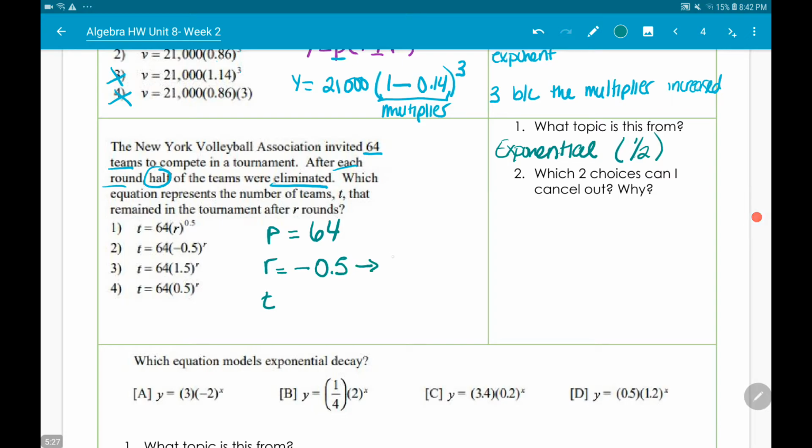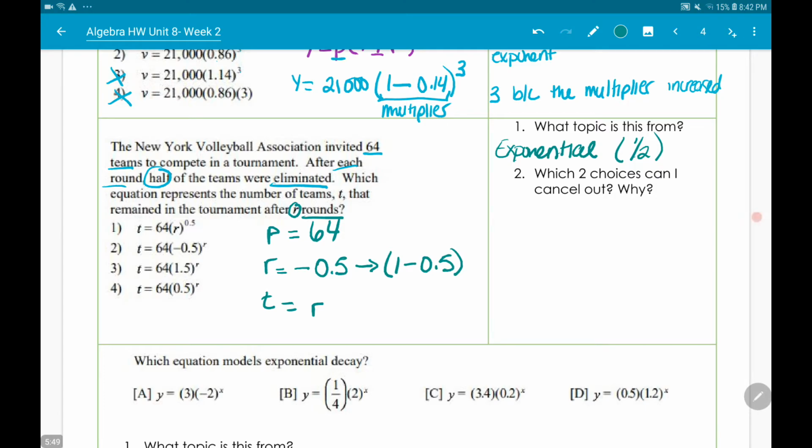Remember, we rewrite it like this, 1 minus 0.5. And our time, it says the teams that remained after r rounds. Our time is just r for rounds.